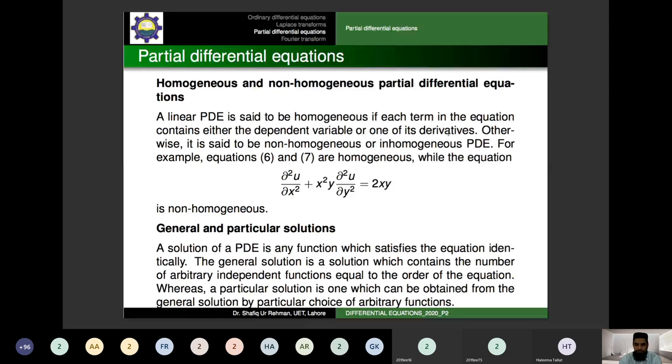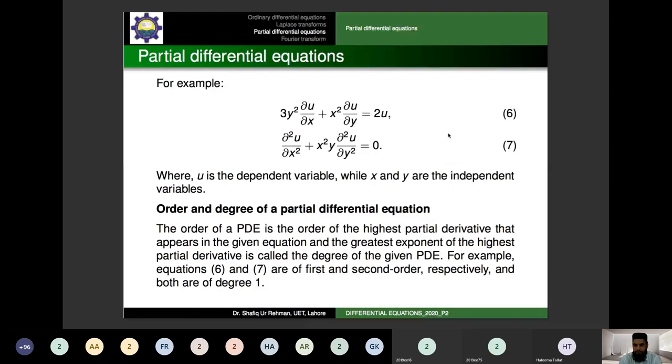For example, if you look into equation number 6, the very first thing that we need to keep an eye on is that the equation should be linear. Only then can we look into the homogeneous and non-homogeneous discussion. So we see that equation number 6 is linear, and equation number 7 is linear.